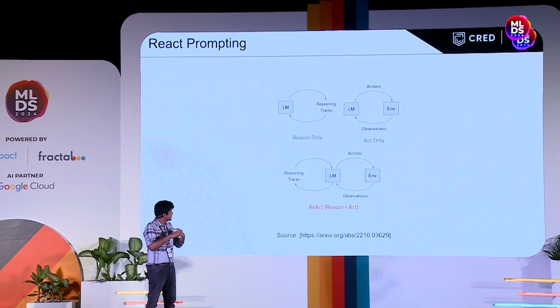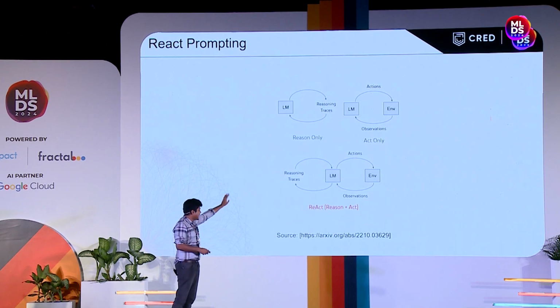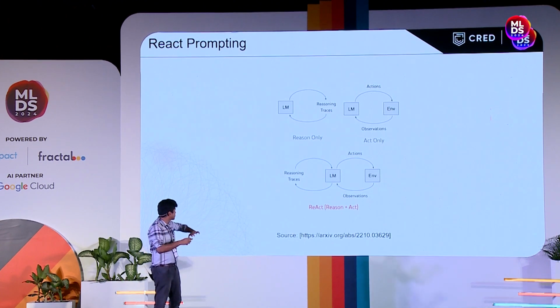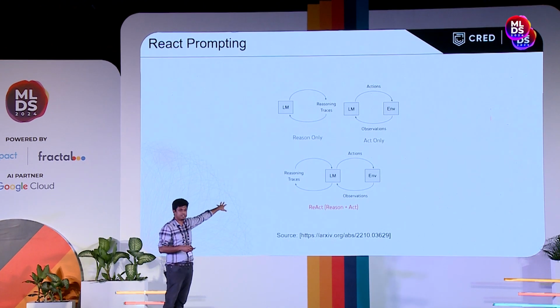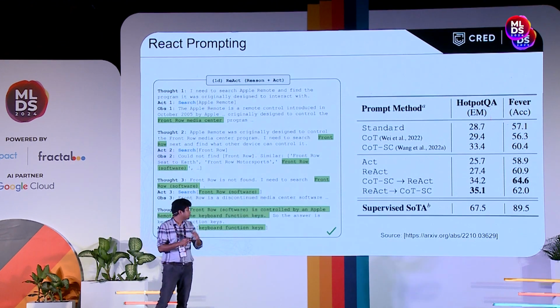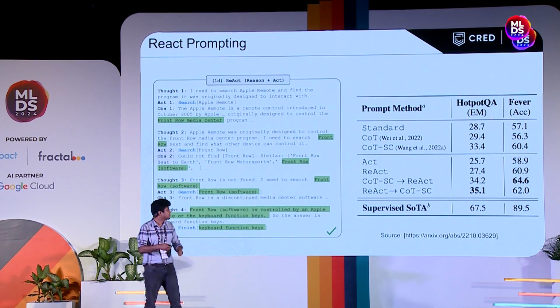We can take this one step further with something called ReAct prompting, where the LLM is now allowed to do some actions in the environment, and based on those actions, it gets some observations. It stores all of the observations that it's getting in something called a reasoning trace. What this helps with is that the entire LLM loop becomes very similar to the reinforcement learning loop.